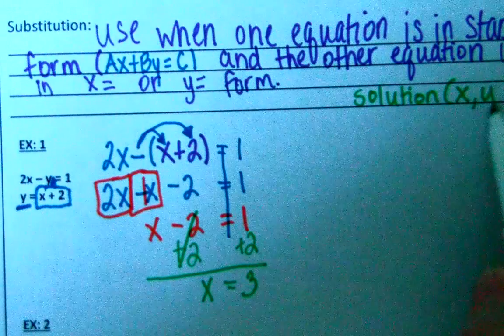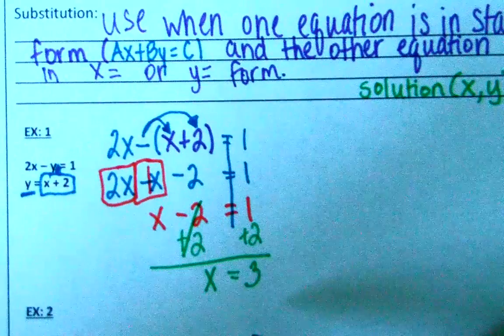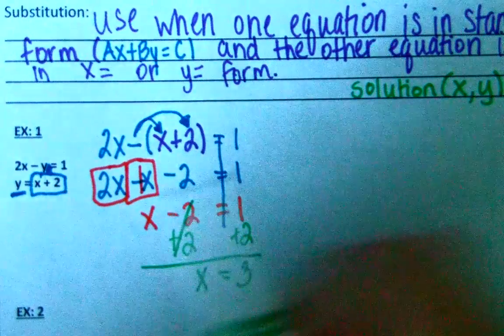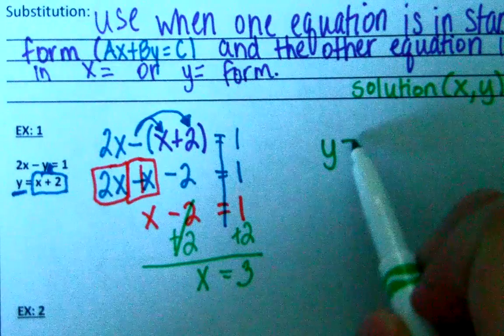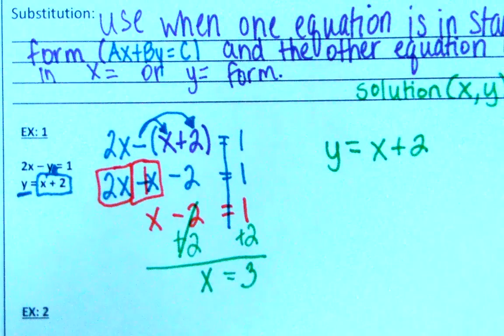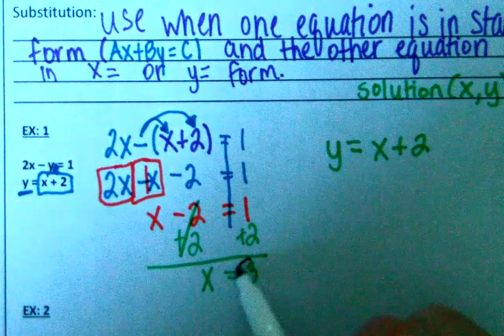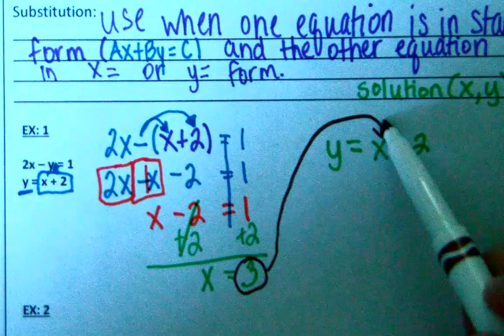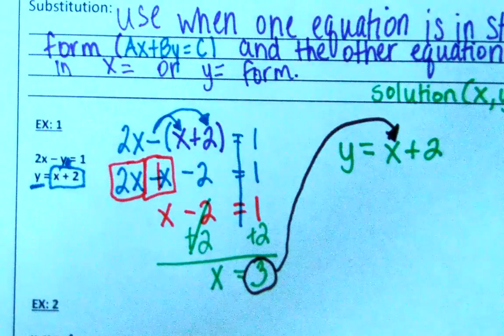is x comma y. So I have the x coordinate. Now I need to find the y coordinate. So I'm going to use the equation where y is already by itself, y equals x plus 2. And I'm going to take what x equals right here, and I'm going to substitute it where x is in my other equation.